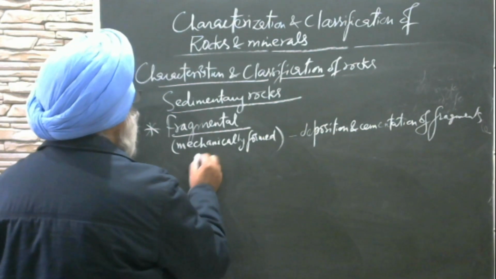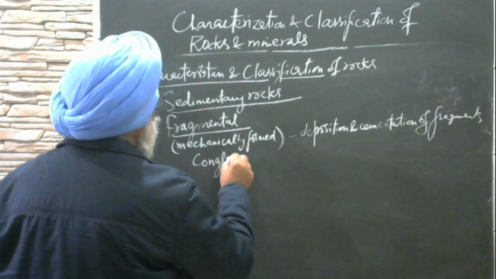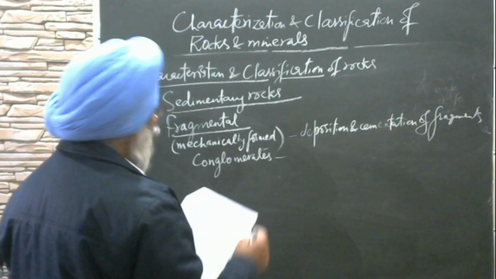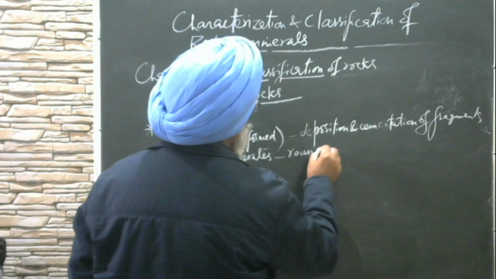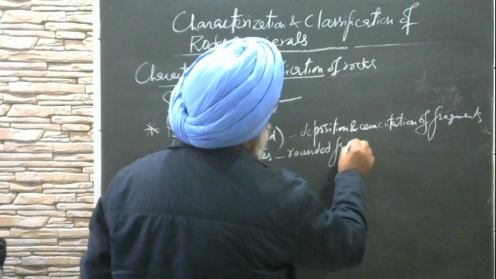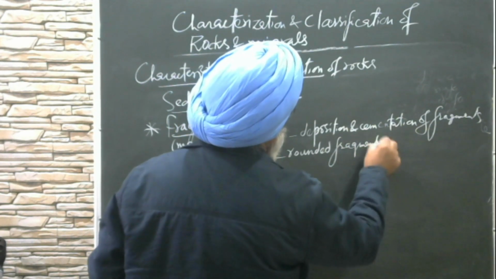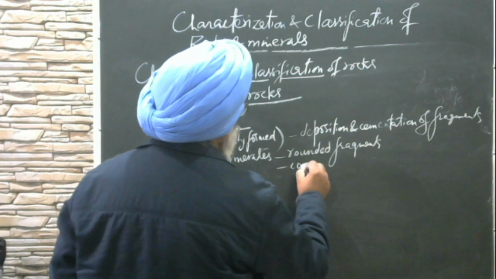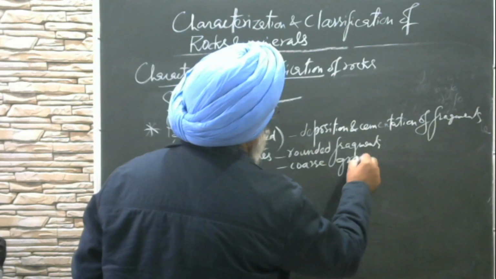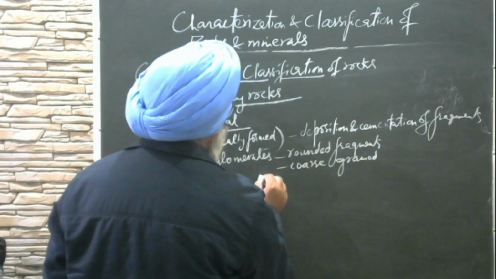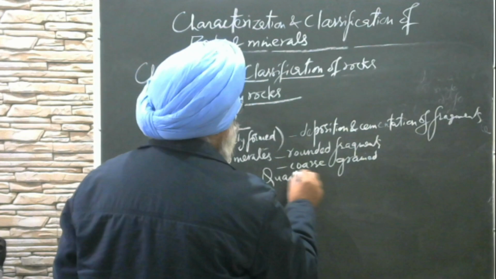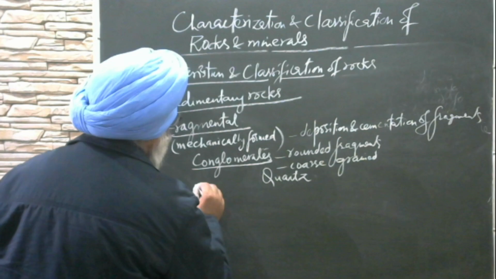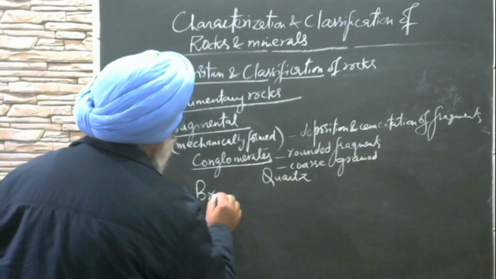And of course, they vary in texture and size. So examples are conglomerates. Conglomerates are rounded fragments, coarse grained, and the dominant mineral is quartz. After conglomerates, we have another example, breccia.